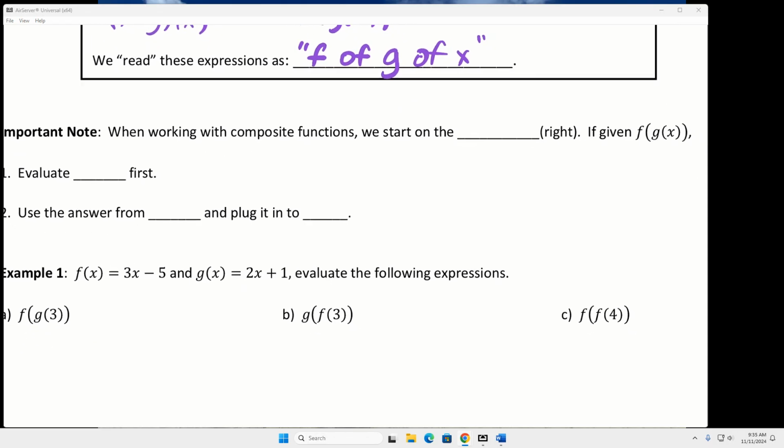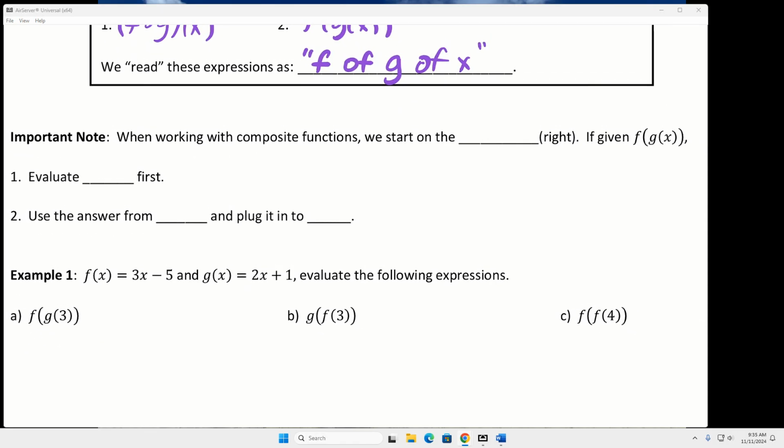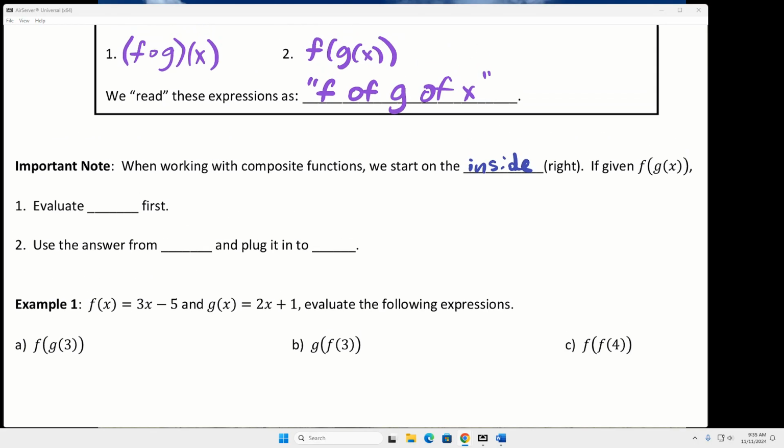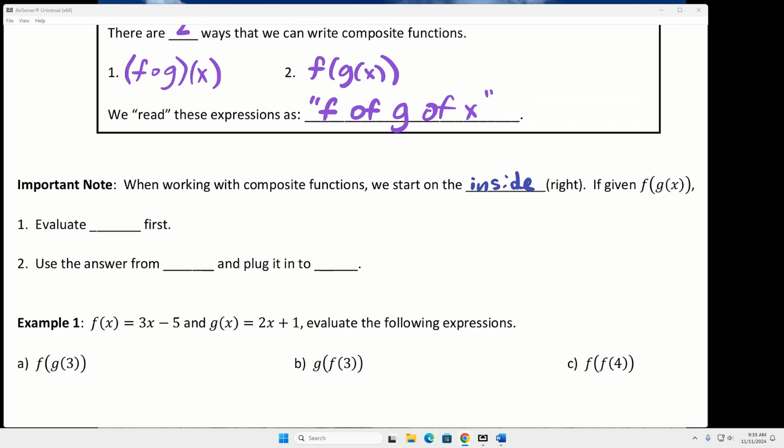So one important note is that when working with composite functions, you're going to start on the inside. Now, it does say or the right, and that's because sometimes it's written like this with a little circle, and g is on the right, so we would start on the right. So if you have f of g of x, the first thing you would do is evaluate g of x first.